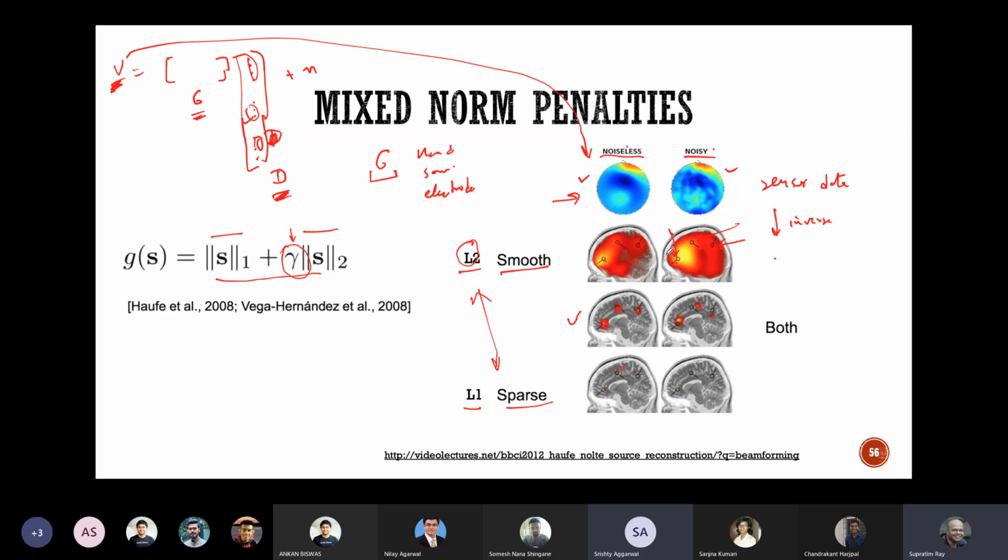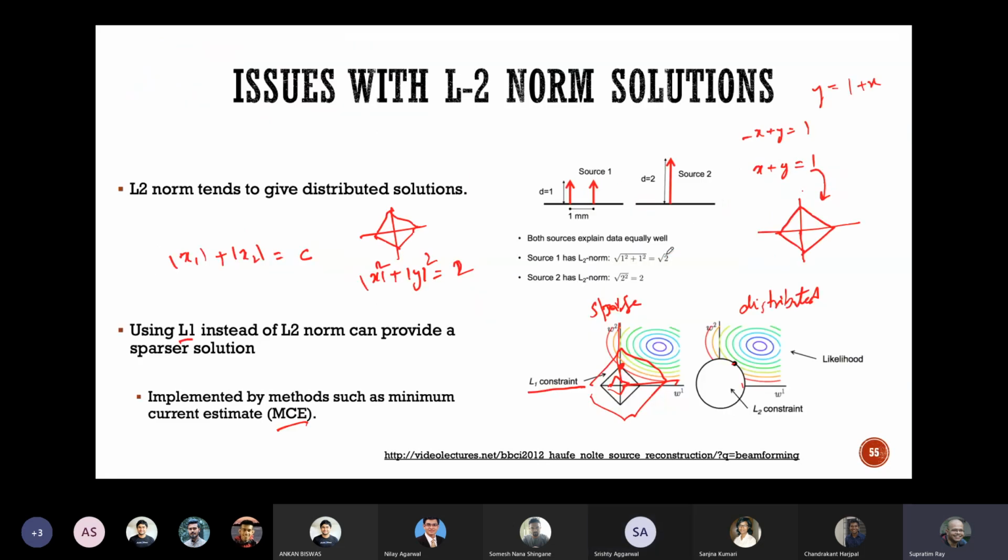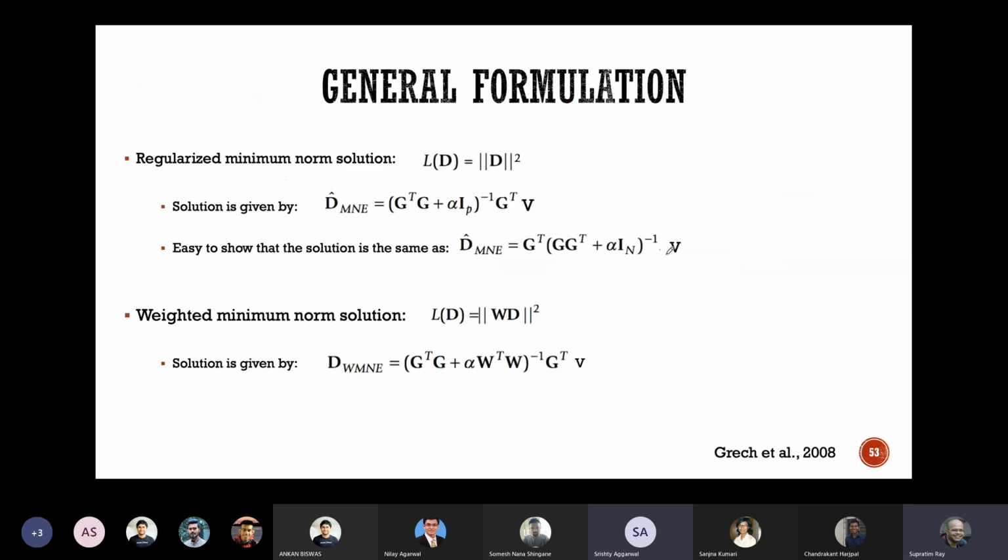G is already known. So the basic idea I'm saying is that to estimate D properly, it becomes an iterative problem, isn't it? Why is it iterative? There's no iteration here. None of these are iterative problems. No, this is not iterative.